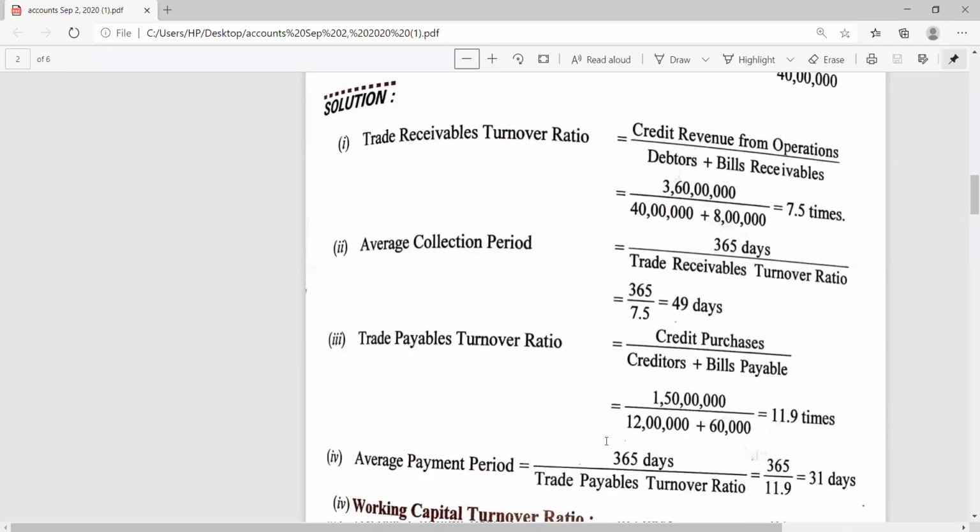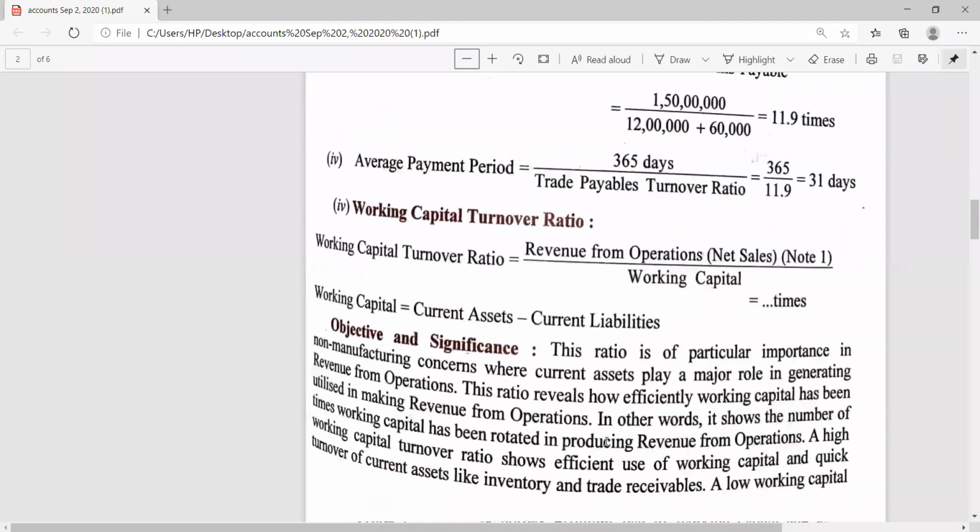Then working capital turnover ratio: revenue from operations, meaning net sales, divided by working capital. All these turnover ratios are to be shown in times only. Keep in your mind always and write all the formulas together. Then it will be very easy to calculate, and to learn the formulas as well. Complete your questions up to this. This is all about the day.